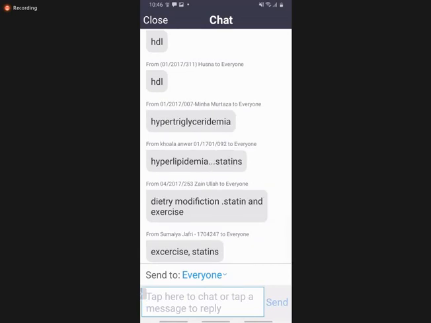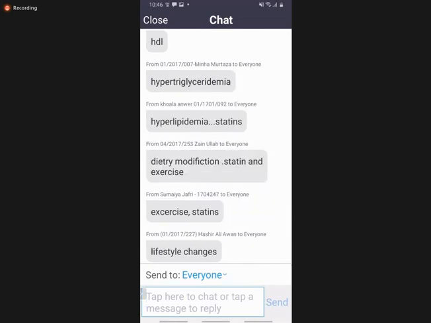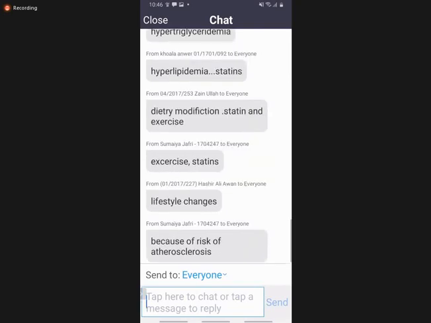Why do you take all these measures that you suggested to your patient, dietary modification, the statins or the exercise? Why are high LDL and high triglycerides bad for health? What is the reason behind it? Give me an answer in your chat. Why do you consider high LDL and triglyceride levels harmful to health?